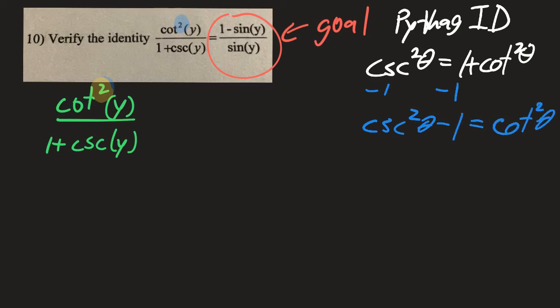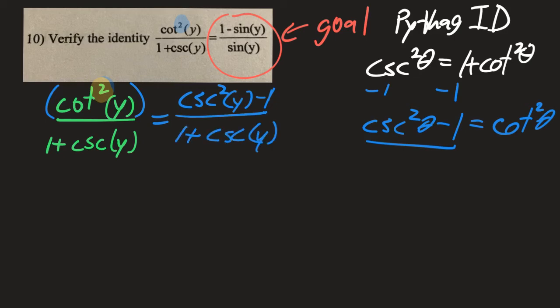So let's replace this cotangent squared with cosecant squared minus 1. And now you may look at me kind of funny and say, why would we make this more complicated than it already was? Because now this is starting to look uglier than what I started with. I still need to just find a way to break this down further.